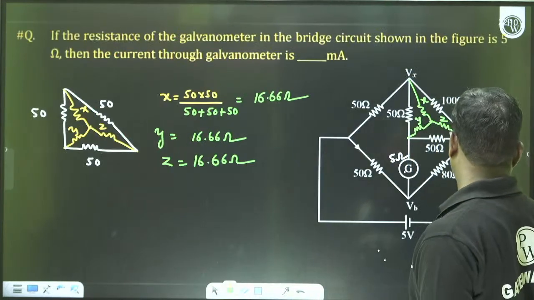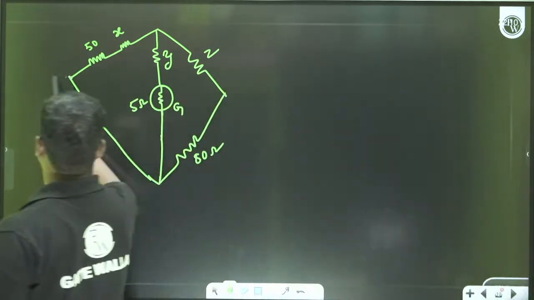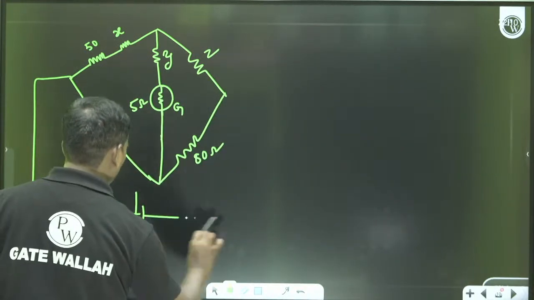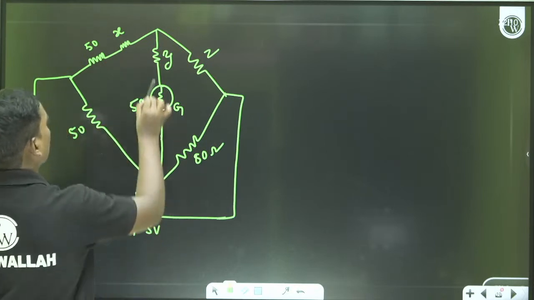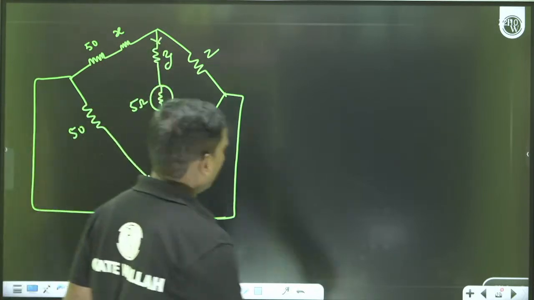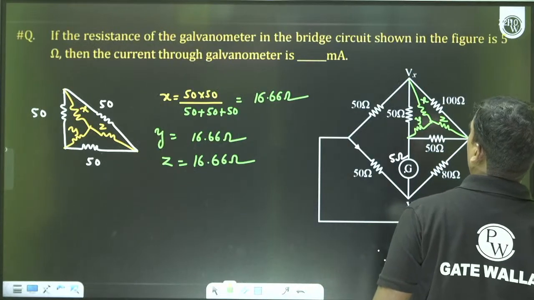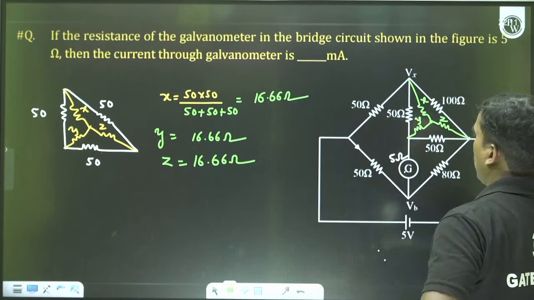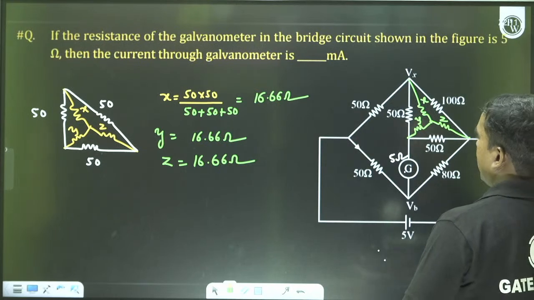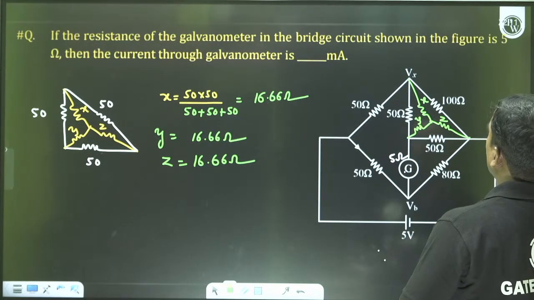And the supply is 5 volts. The current passes here. The question asked is, what is the current passing through the galvanometer?